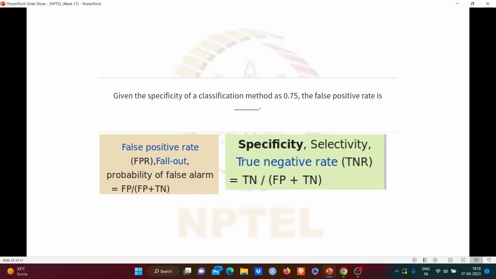When you have a specificity value, can we convert it somehow or calculate the false positive rate by observing these two formulas closely?